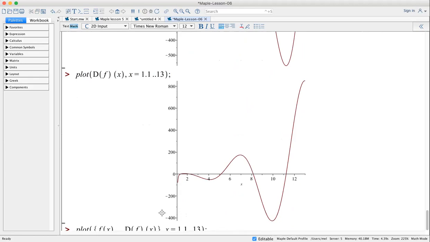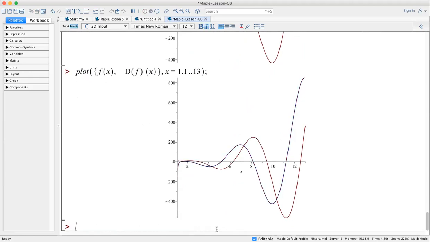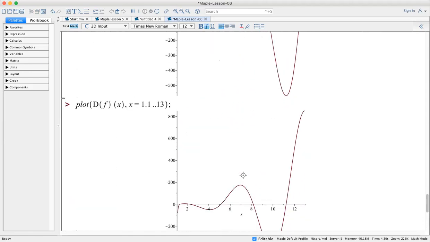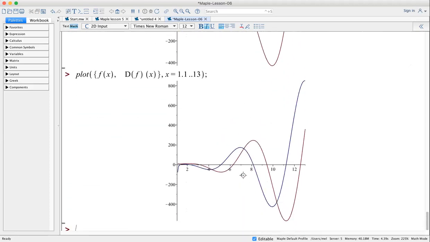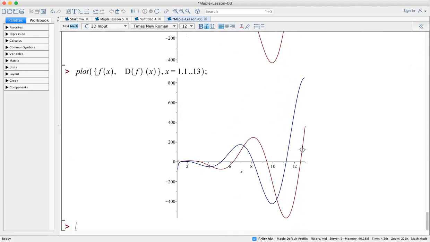One function is f of x, the other is the derivative. That's what it looks like. The red is my function f. The blue is the derivative.